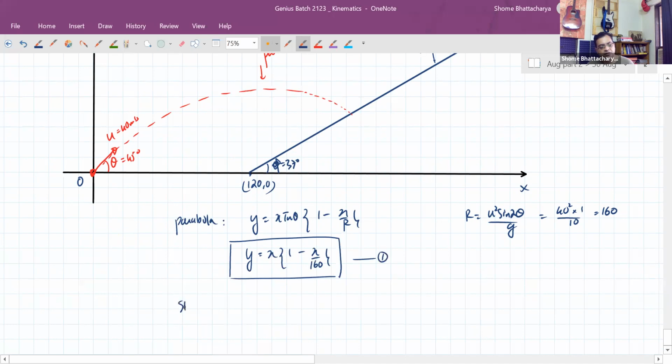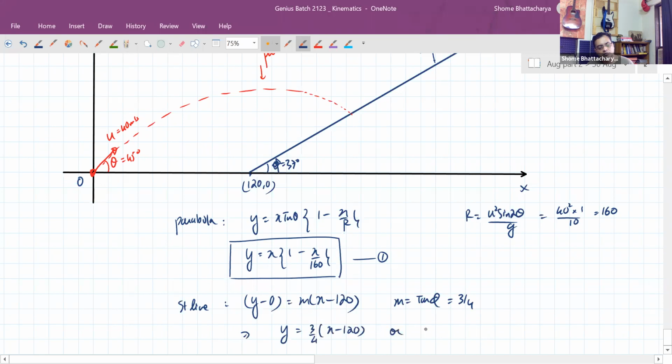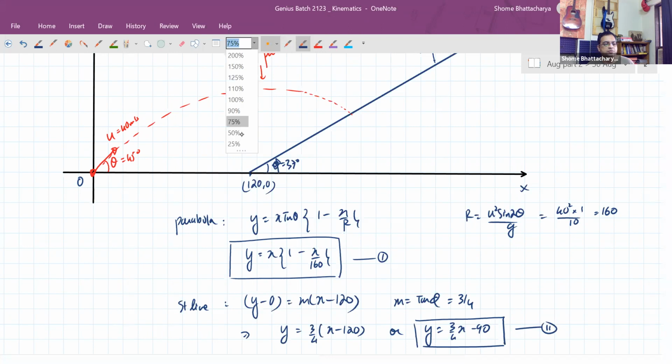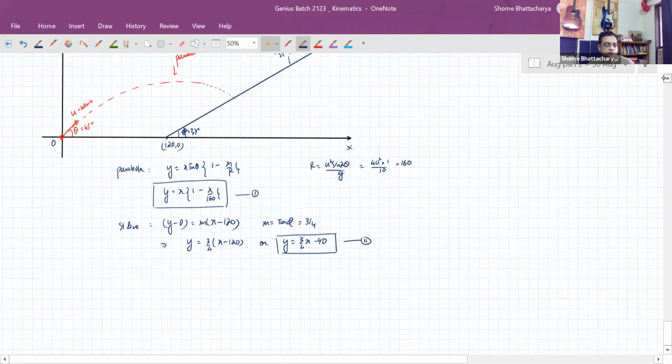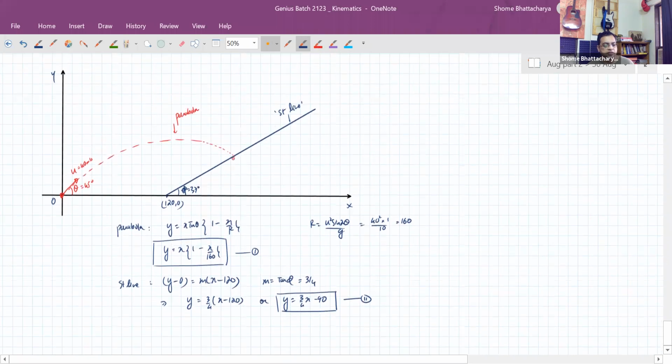Whereas the equation of the straight line is y minus 0 is equal to m times x minus 120, where m is tan phi, so 3 by 4. So y is equal to... Now the point where the impact happens is the intersection of these two.